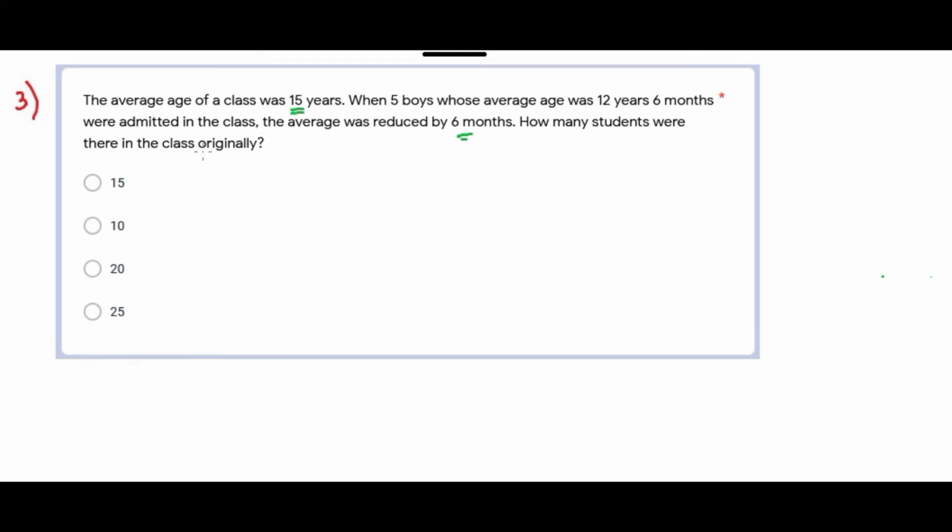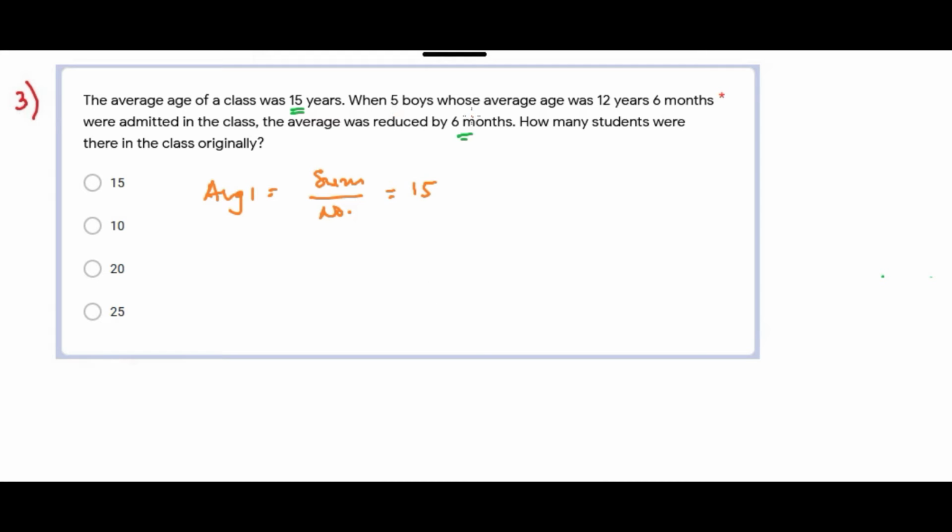This is the question. The average age of a class was 15 years. First, let me take average 1 is equal to the sum of the ages of the students divided by the number of students, which is equal to 15.